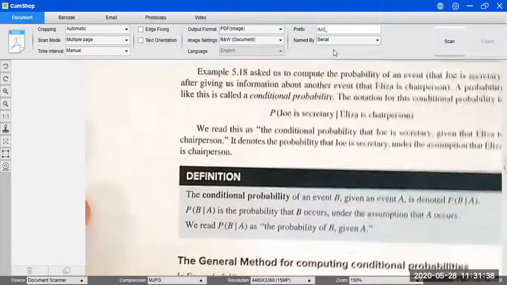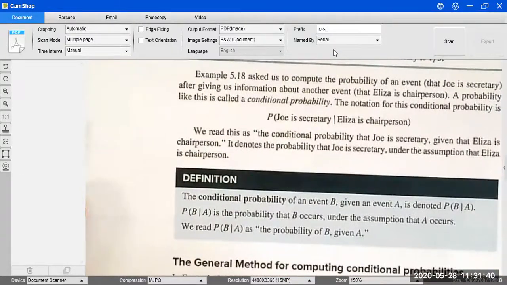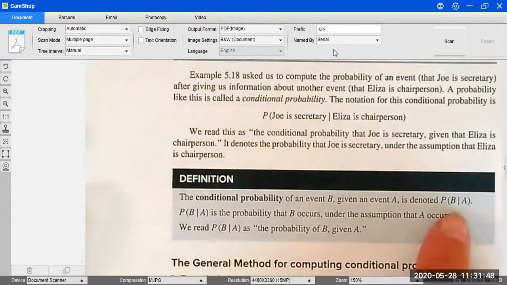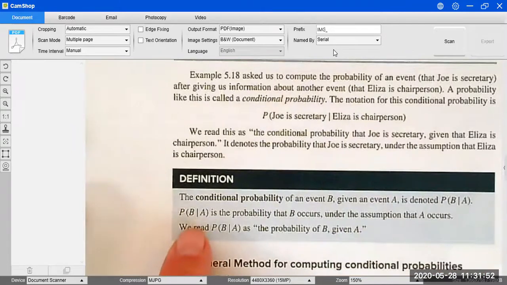You can just read it: the conditional probability of an event B given an event A is denoted by P of B, then a vertical line, then A, and it is the probability that B occurs under the assumption that A occurs.